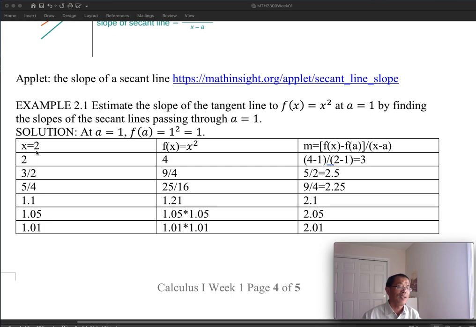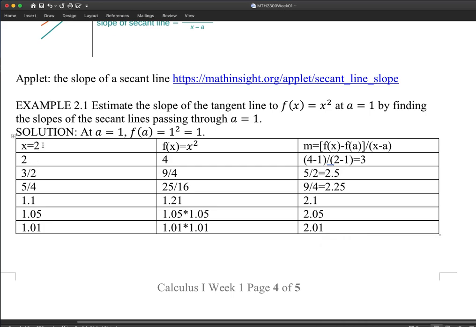So I consider x equals 2, which is not too far away, right here. Accordingly, f of x equals x squared. Using the raw formula for the slope, rise over run, I did my calculation and figured out the slope is 3.